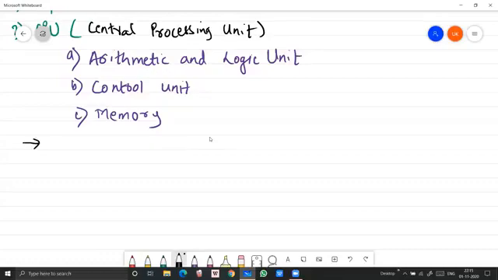Just write here, arithmetic and logic unit. What it does, students?